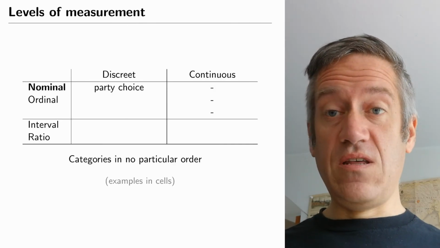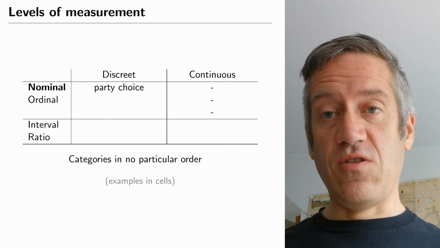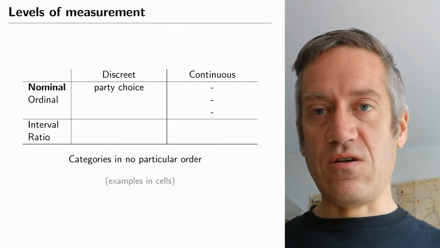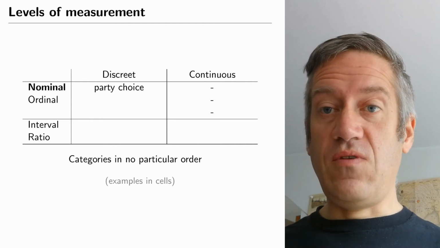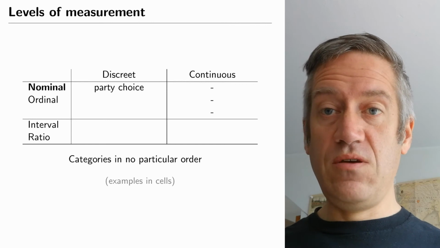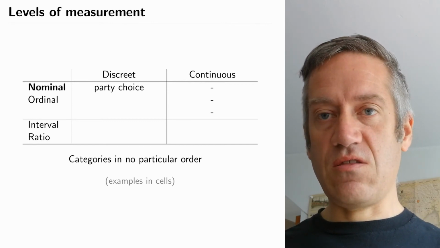Now, early on we discussed different levels of measurement, and they are also key to keep in mind here. You might want to refresh your mind by looking at earlier slides. So we have categorical variables, where observations are in a particular category with no particular order to them: religious affiliation, party choice, and so forth.